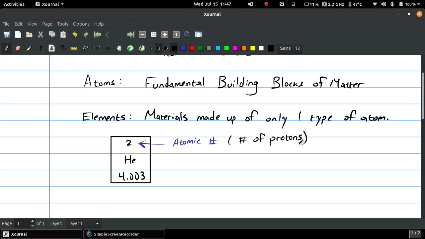So the number of protons isn't going to change because when you change the number of protons, you change the element. So now on the bottom, this number is what is referred to as the atomic mass. So the atomic mass is the mass of the neutrons plus the protons.